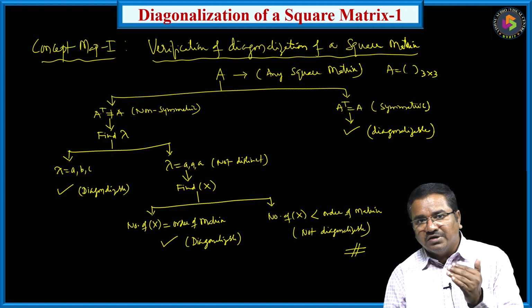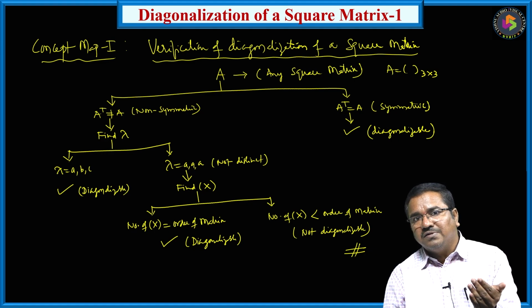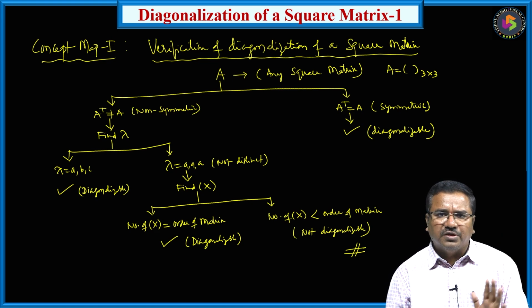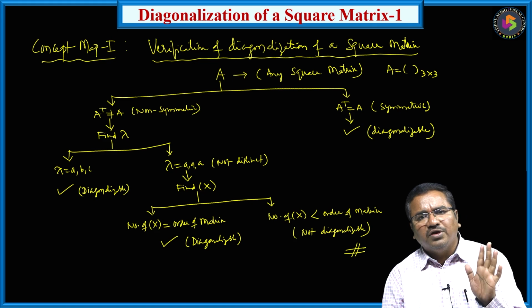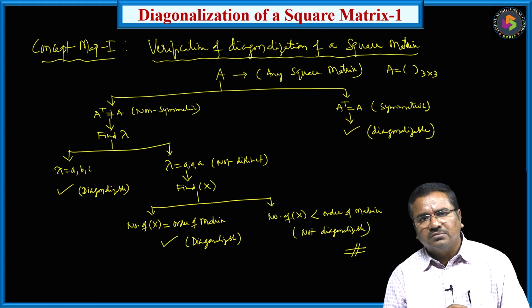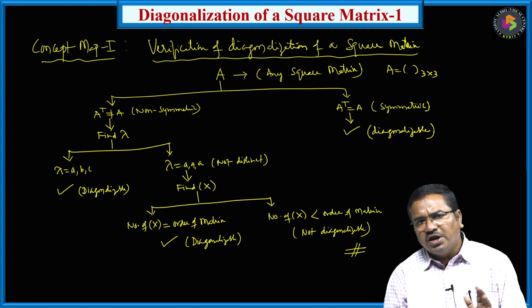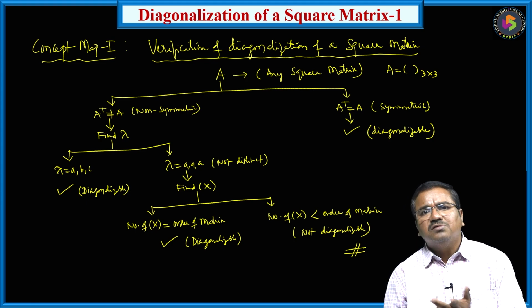If it is less than the order, the matrix is not diagonalizable. For example, if A is a 3 by 3 matrix and we got 3 eigenvectors, it is diagonalizable. Suppose A is 3 by 3 and we got 2 eigenvectors, it is not diagonalizable, because the number of eigenvectors, 2, is less than its order, 3.